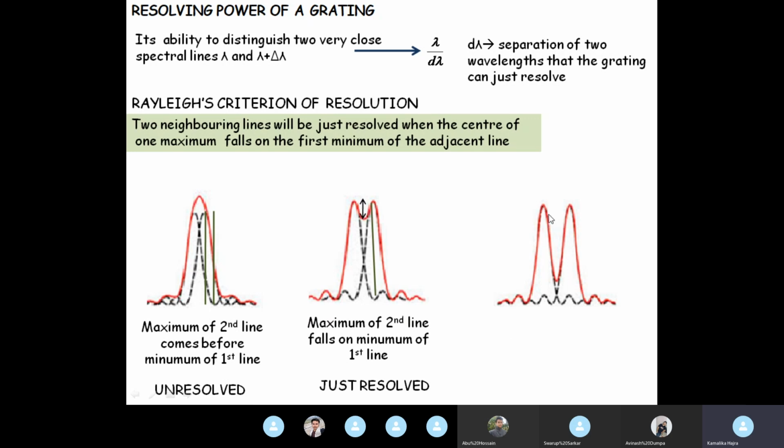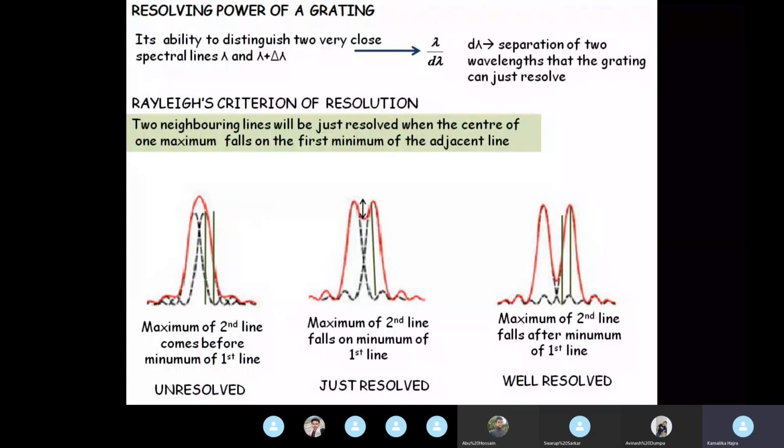And here we have again two spectral lines, and the maximum of the second line appears after the minimum of the first line, and so these two lines are well resolved. Okay, so have you understood what we mean by resolution of two lines?